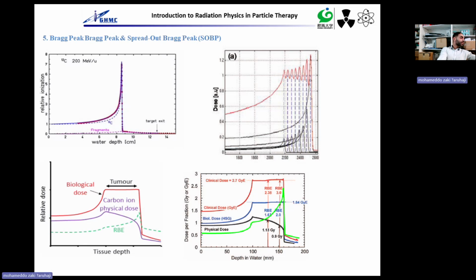Does that make sense? I cannot have this one uniform if those are uniform. Those have to be not uniform. To make the clinical dose or the biological dose uniform, physical dose and RBE should not be uniform.